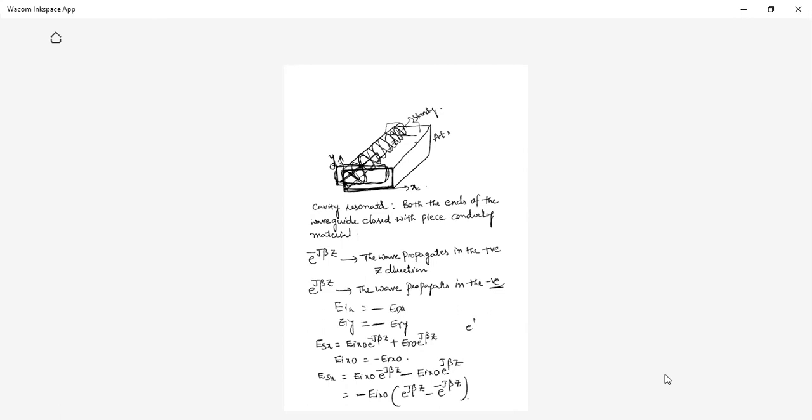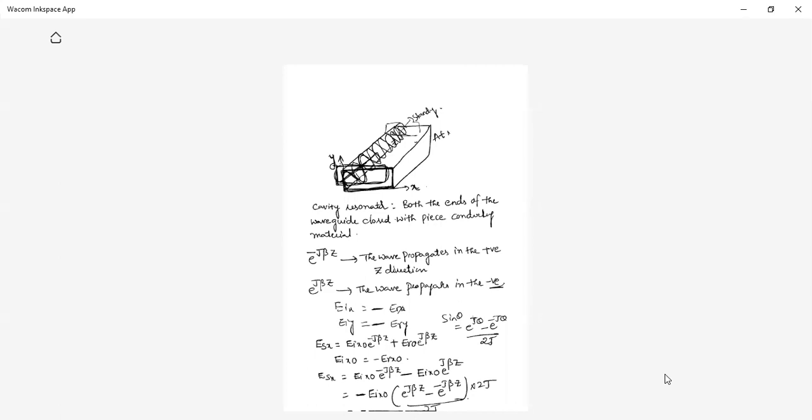We have e power of j theta minus e power of minus j theta by 2j is equal to sine theta. Yes or no? So multiply with 2j on both sides. What is the expression you are going to get? Minus 2j E_i x0 sine beta z.